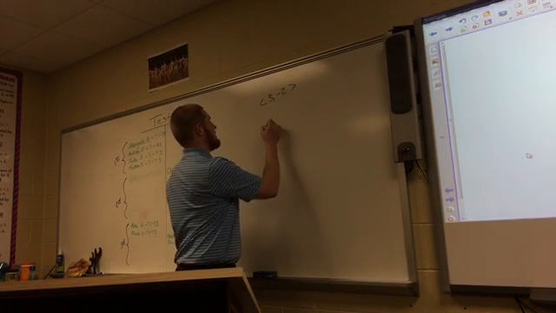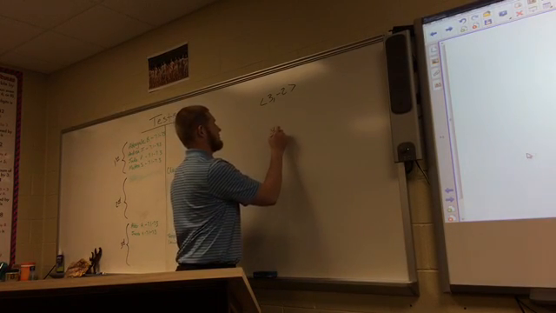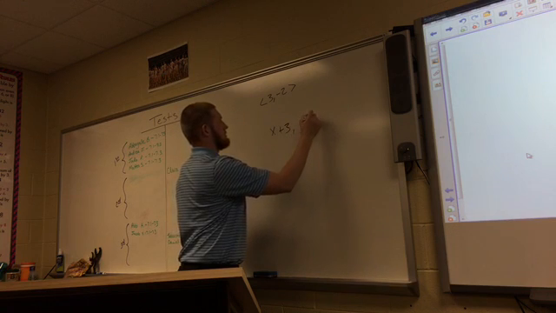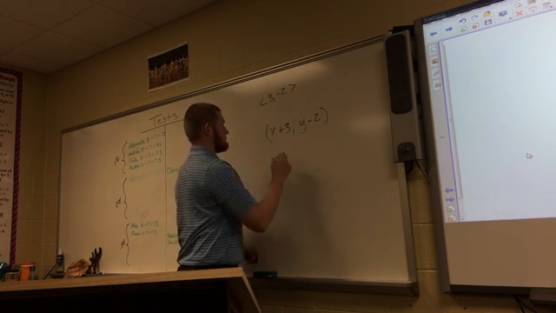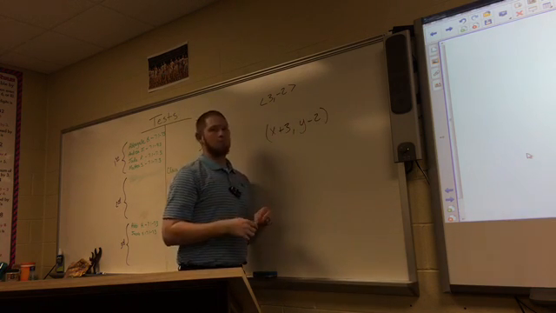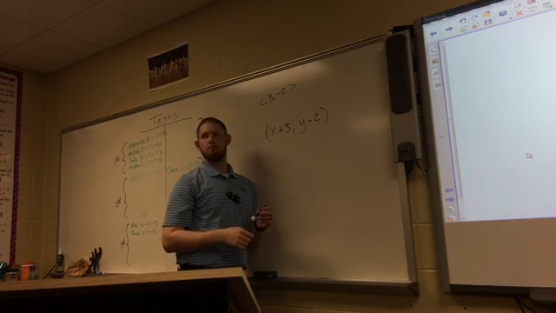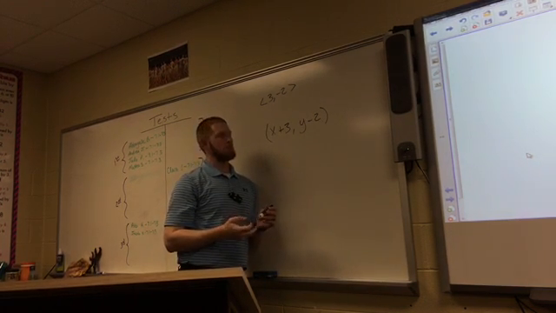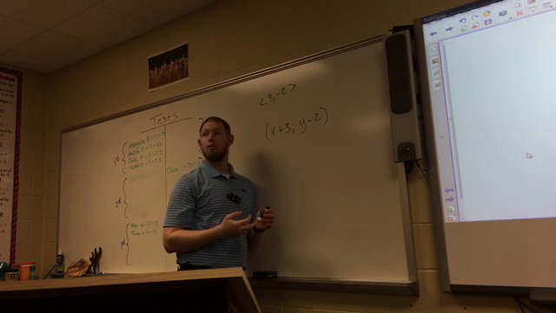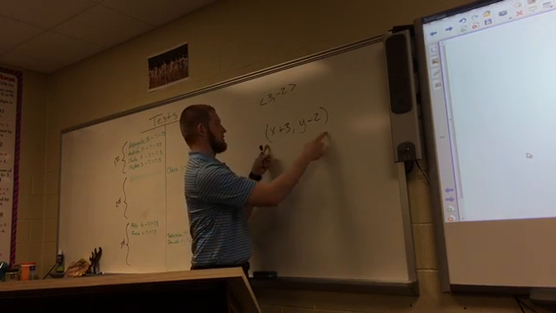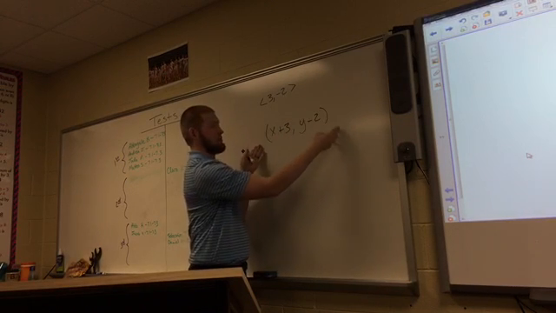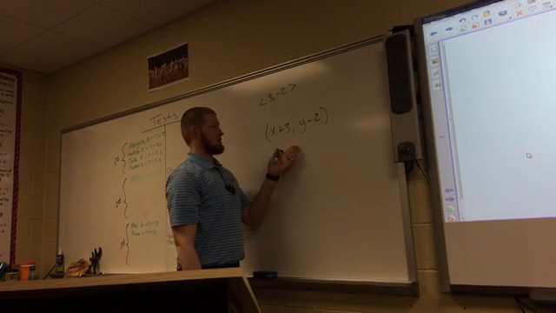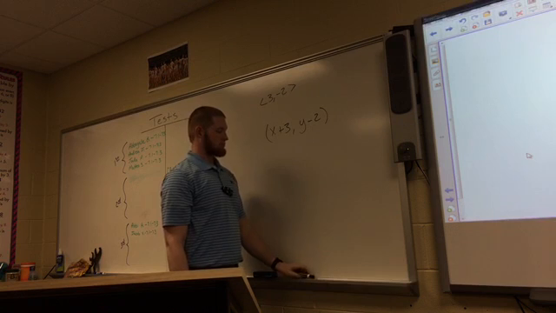What is this form? Coordinate notation. Okay, because it's in the form of a coordinate point, right? X, Y, parentheses. So that's coordinate notation.